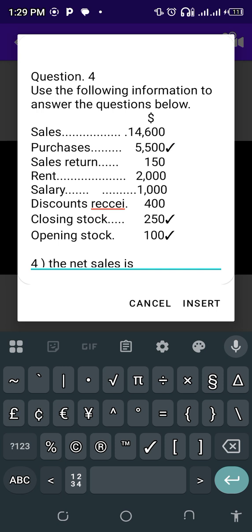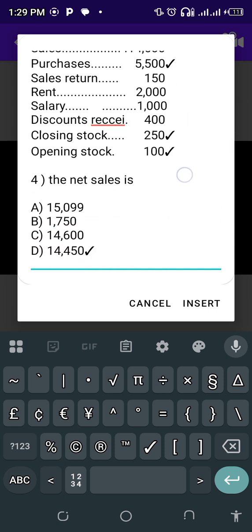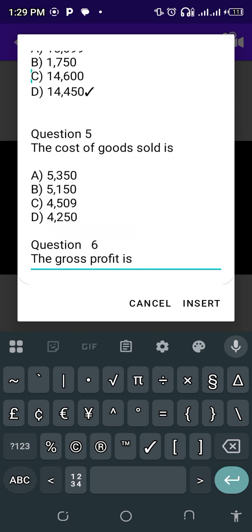Let us go to the options and see whether we have 5,350. Option A is 5,350. So option A is the correct answer.